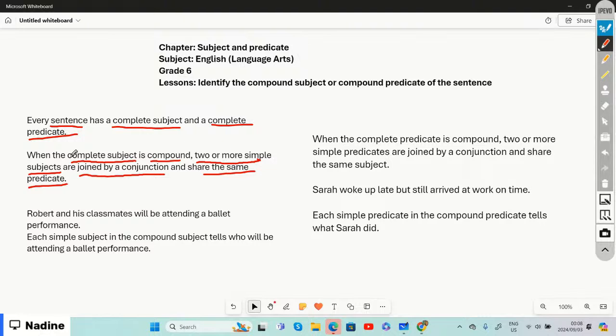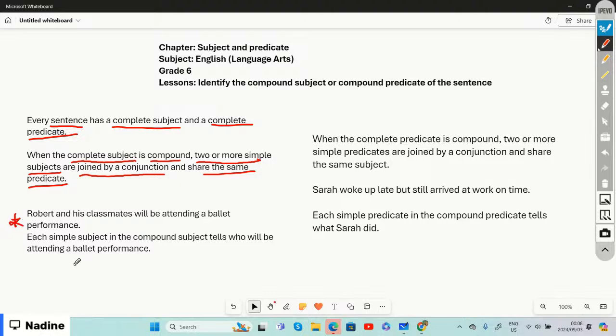And if we look at examples, right? And if we look at an example, it says Robert and his classmates will be attending a ballet performance.